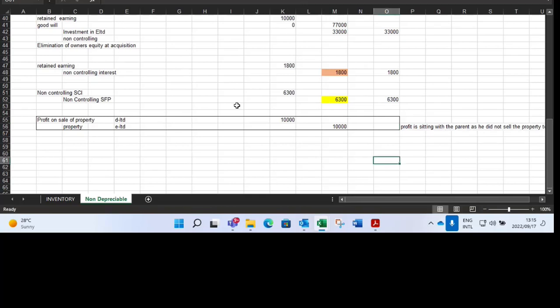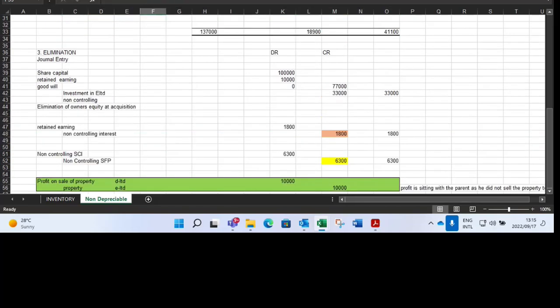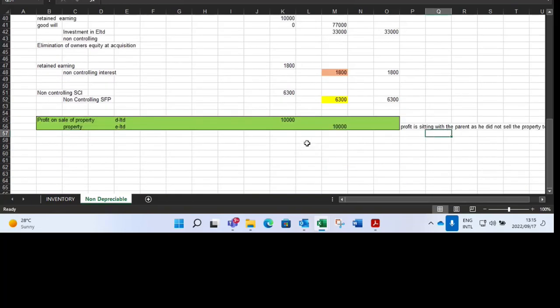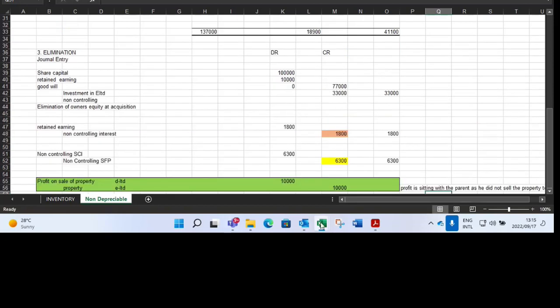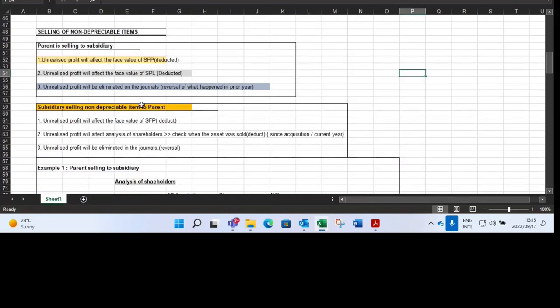So we eliminate that profit here. Then the profit is gone. If the parent sells it to the next person, then it won't affect our elimination. So if the parent sells that property to another person, it means now the profit is realized. If it's now realized, then you have to revert back to that thing that I've shared before. Can you see this? Yeah, I see.